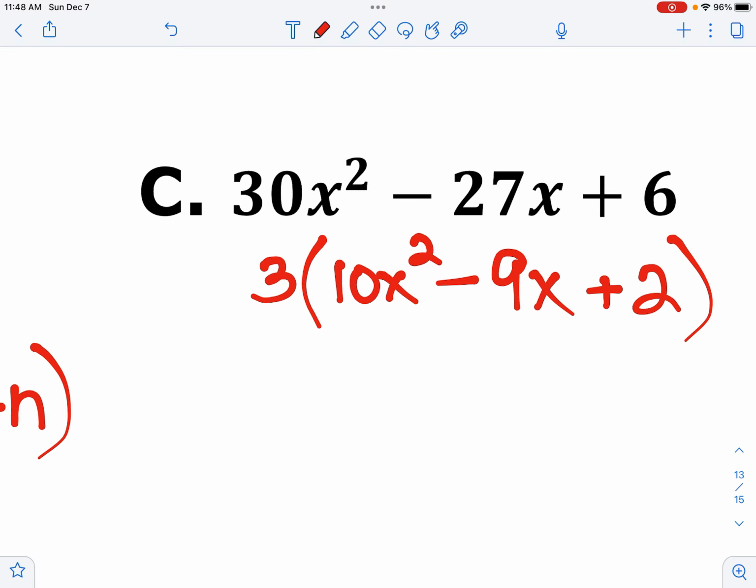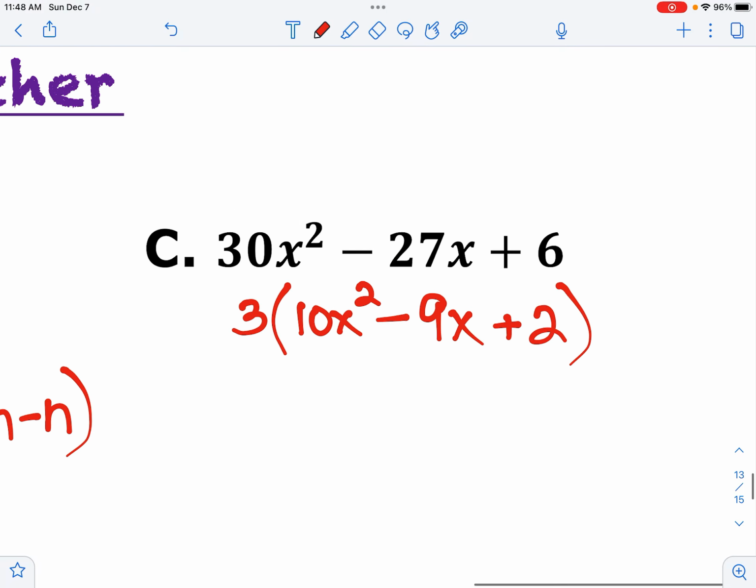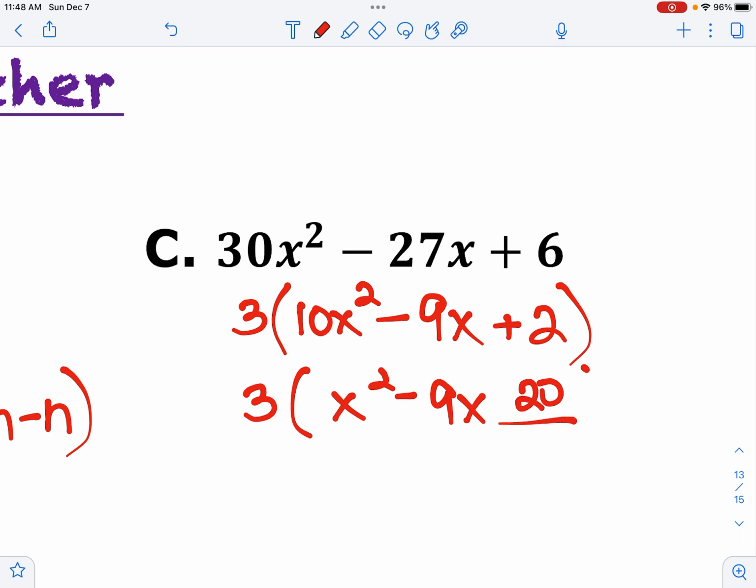Okay, now I need to factor it, and my leading coefficient is a 10, so I'm factoring, again, the stuff that's in here. So, okay, I don't know what I'm going to get yet, but I'm going to start by doing this. Put plus 20 in there. Let's see. Two numbers that multiply to be 20 but add up to be negative 9 would be negative 4 and negative 5.